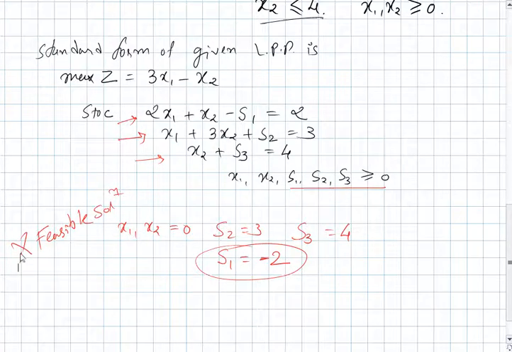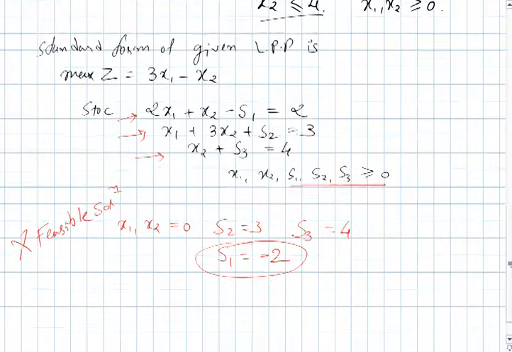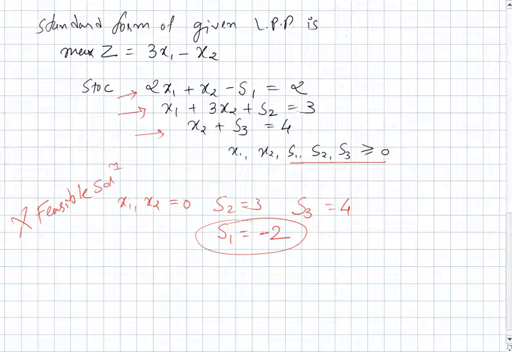So we start with another form of the given linear programming problem by introducing an artificial variable.